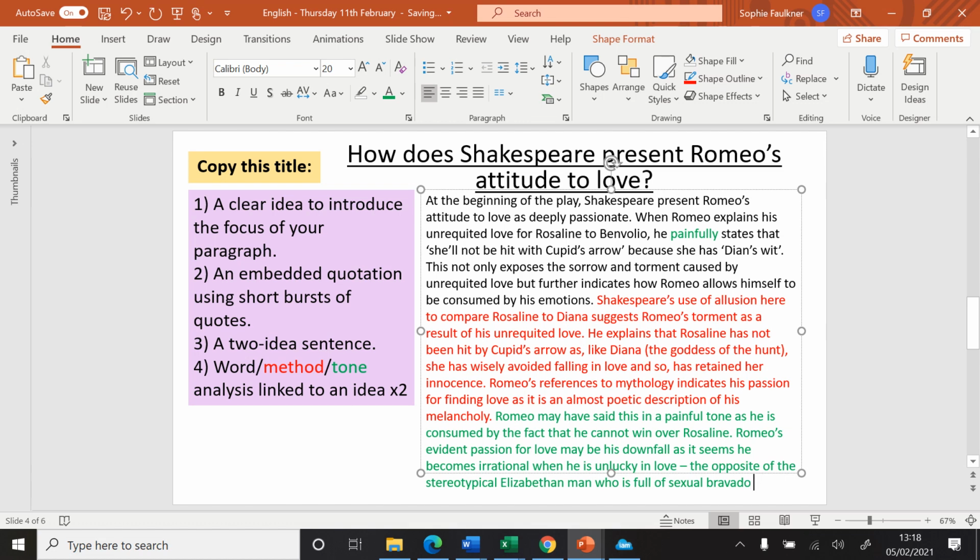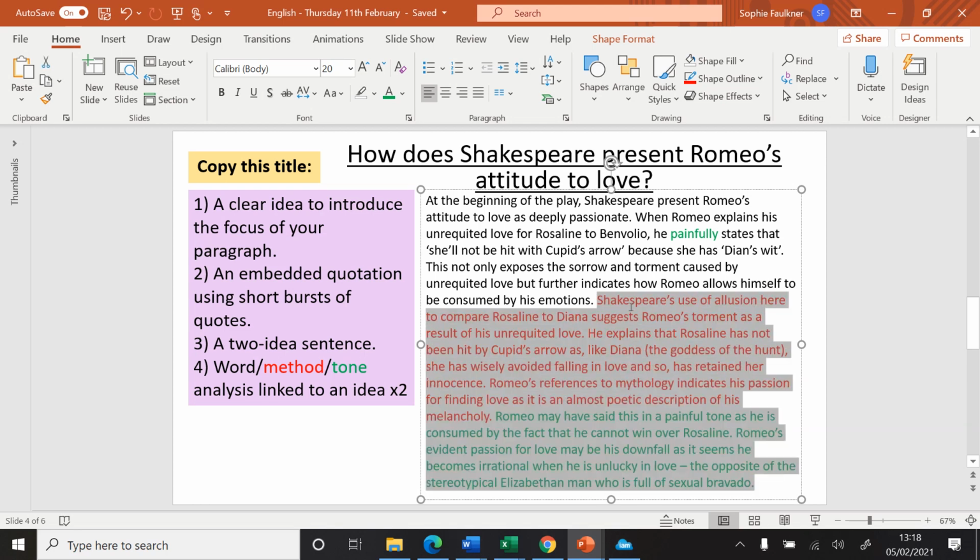We've looked at that as well. I think it's important here to notice that I've explained that the Elizabethan man needs to be full of sexual bravado, and as Romeo is not, and he becomes irrational when he is unlucky in love, that shows that potentially that's going to cause problems for him.